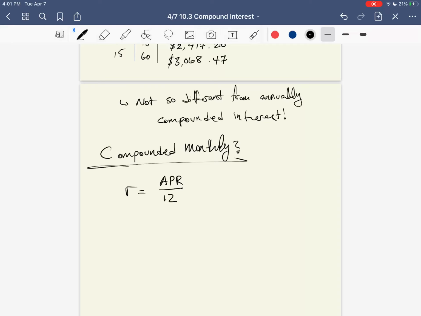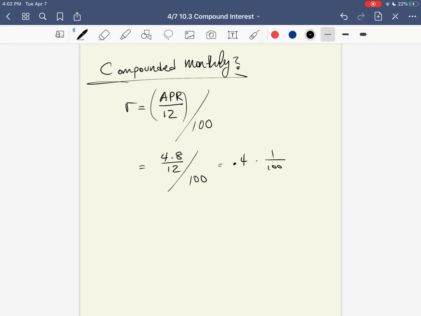So remember, divided by 100. So this is going to be 4.8 divided by 12 divided by 100, which is going to be 0.4 times 1 over 100. So our rate R is going to be 0.004 now. And instead of multiplying every year by the 4 quarters which are in it, now we're going to multiply every year by the 12 months which are in it.